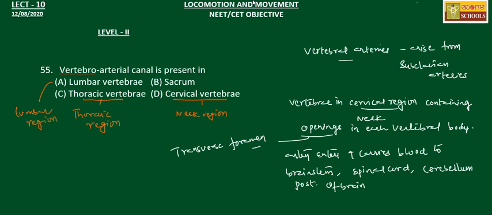Sacrum, we know, is present below the lumbar region. So the vertebro-arterial canal is present in the cervical vertebrae. So option D is right.